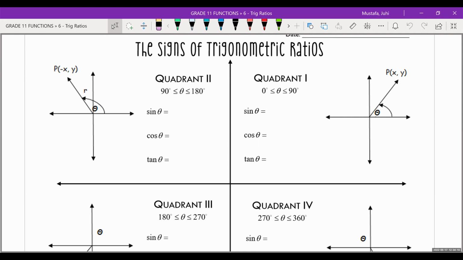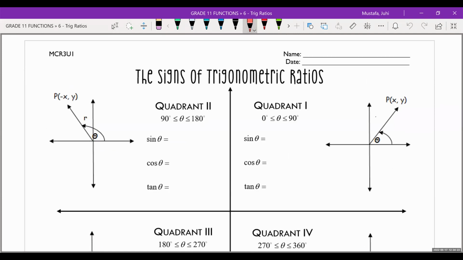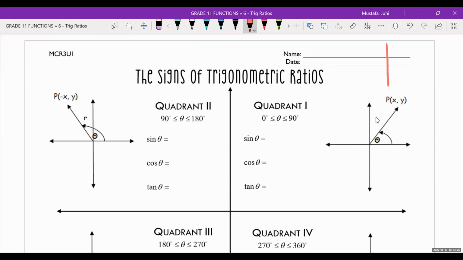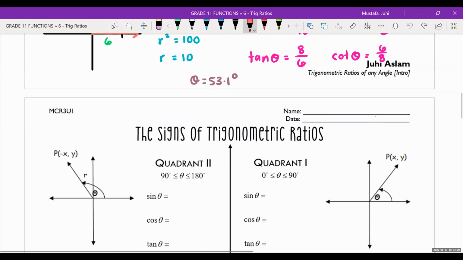So let's say I drew an angle or a terminal arm in quadrant 1. We're going to start on the top right-hand side, with quadrant 1. I'm going to remind you that yesterday I showed you this bow tie structure, which we're going to refer back to a lot. So if you want, you can go ahead and practice drawing it now.